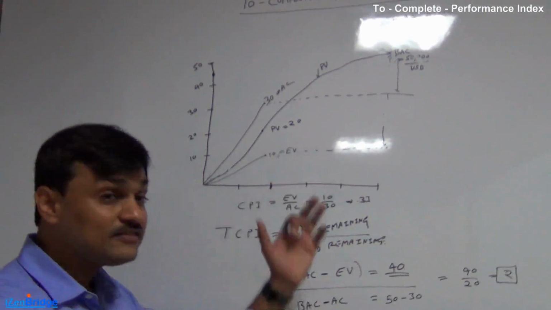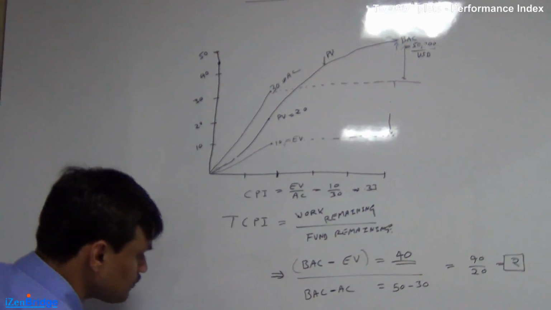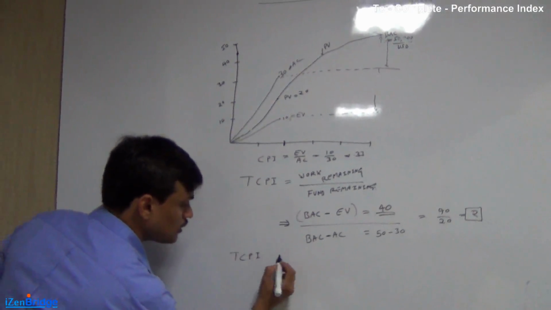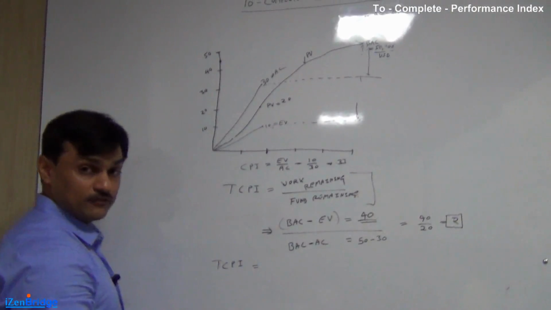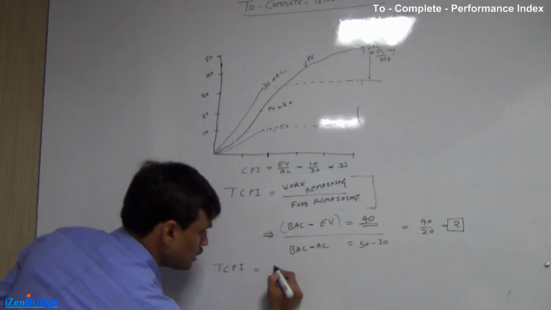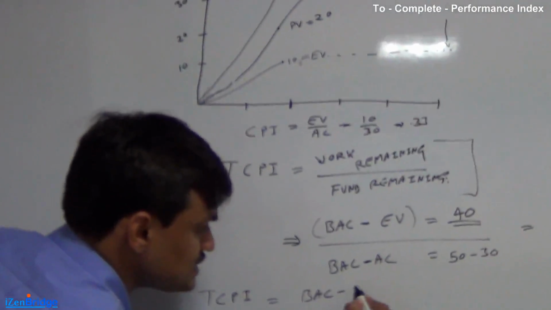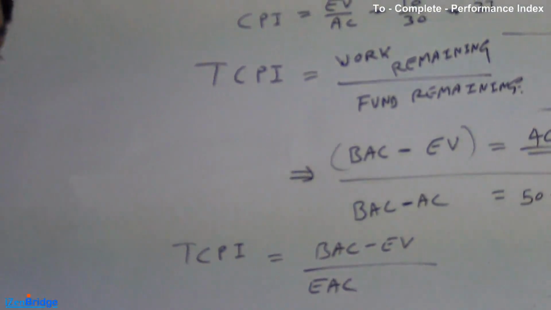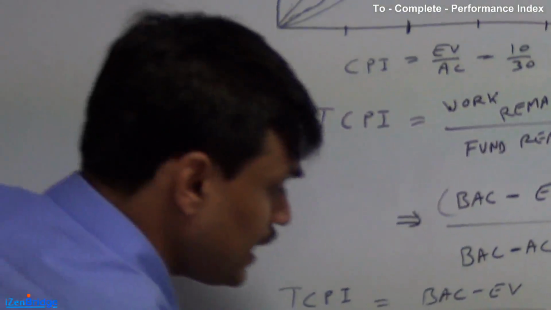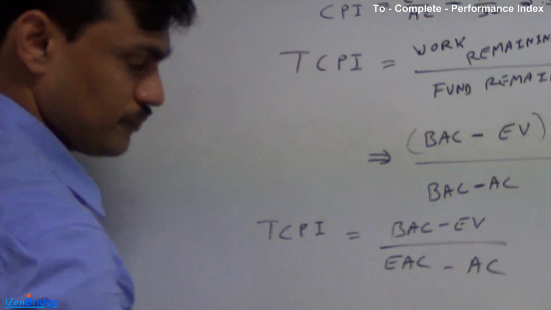Now if you have that, what would be the To Complete Performance Index? The new formula would be, the concept remains the same, work remaining divided by fund remaining, but the work remaining is always BAC minus EV, but now you have a revised budget, you have an estimate at completion, and whatever you have spent.